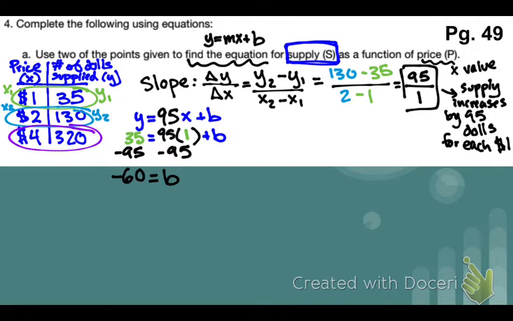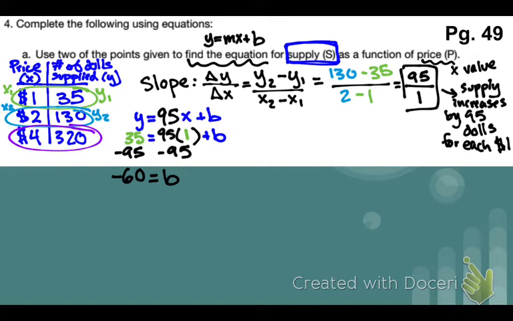Can we have negative 60 for our y-intercept? No. Okay, what does our y-intercept mean? It's my starting value. So what's our x-axis?